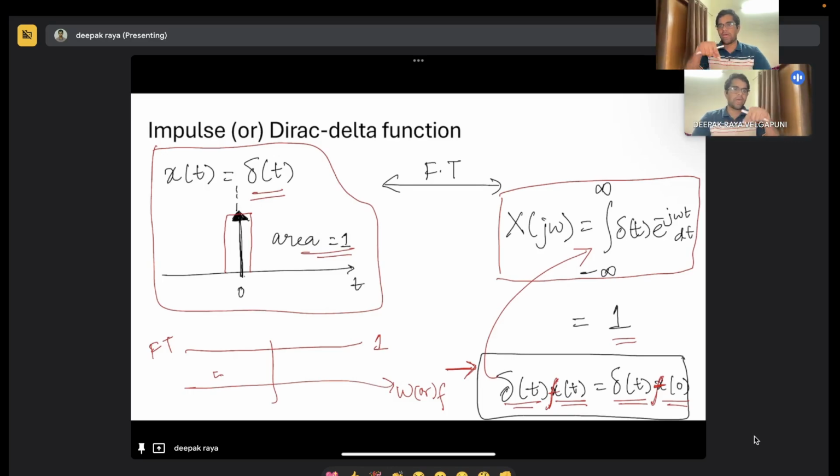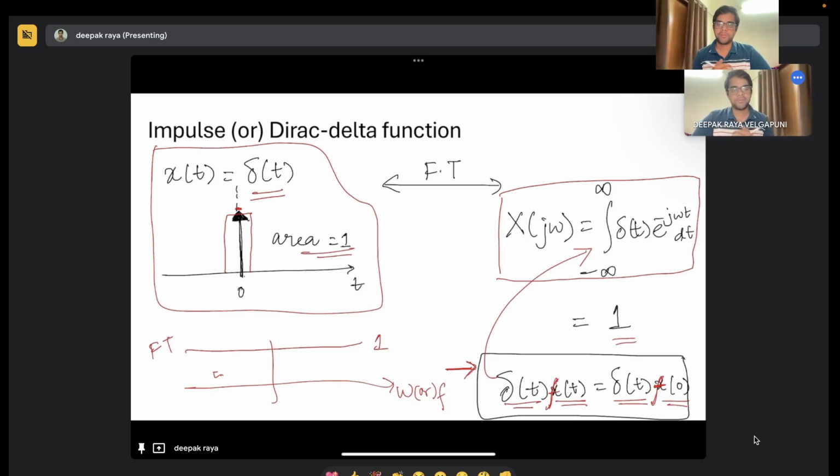When you narrow the rectangle to the maximum extent possible, you get the Dirac delta function, and the sinc function just goes flat. Remember, it doesn't take any finite amplitude value; the area is 1. We just represent it like this. So it is not exactly a sharp shift where you see a high frequency component.